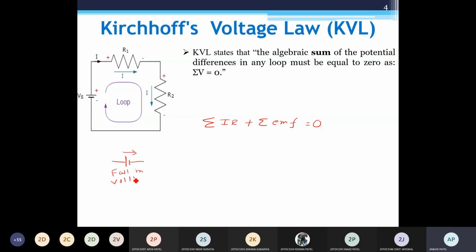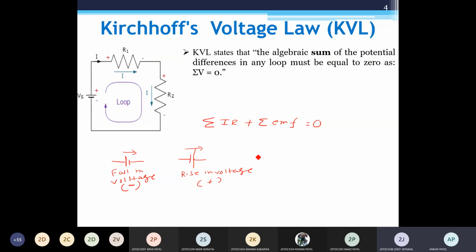A fall in voltage is denoted by negative sign. If we are moving from negative to positive, then there is a rise in voltage. A rise in voltage is denoted by positive sign.